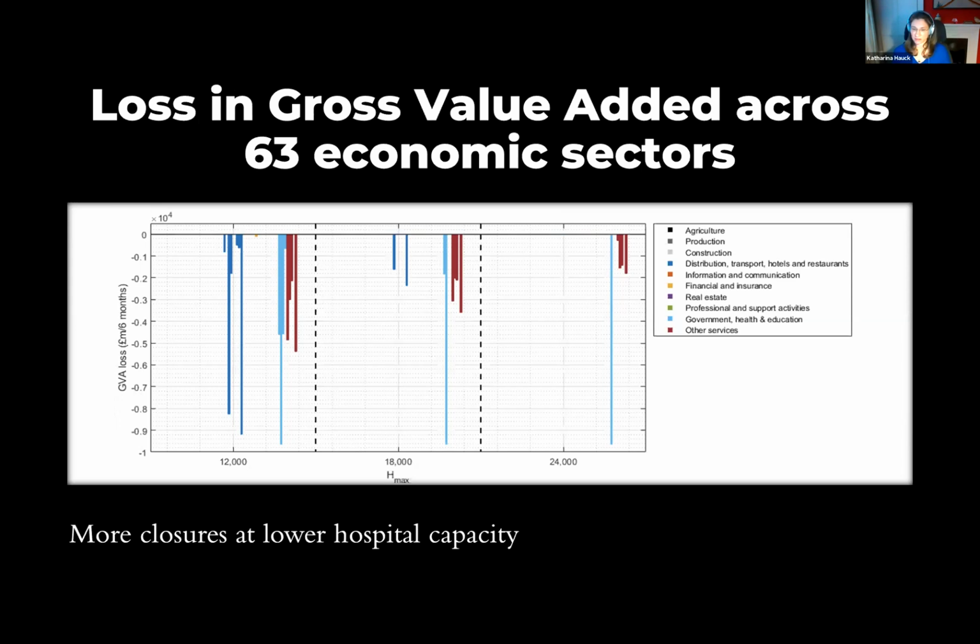Of course, for health, that means we allow more infections and we allow more deaths as well. So this brings home the trade-off. On the left side, with the 12,000 beds, we can see that we need to close more sectors. We can also see which sectors we need to close and what is the associated GVA loss. Next slide, please.